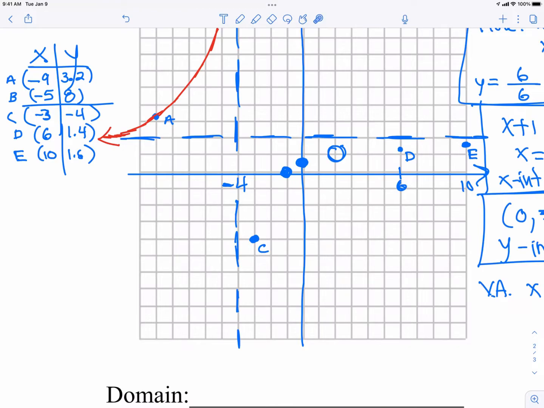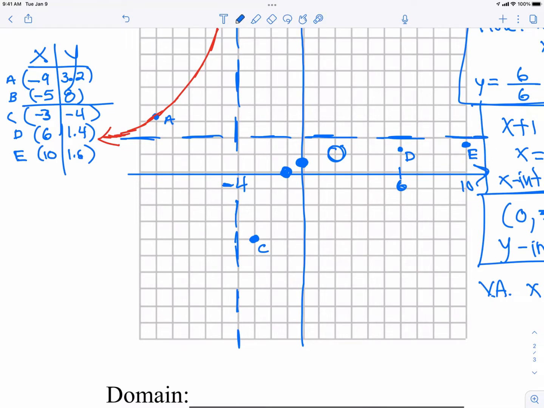All right, now what's happening on the right side of negative 4? What's happening on the right side of this vertical asymptote? Well, I chose negative 3 for x. I also chose 6, and I chose 10. So we have negative 3, comma negative 4, which is point C here. We have 6, comma 1.4, which is point D here. And then we have 10, comma 1.6, and that is point E here.